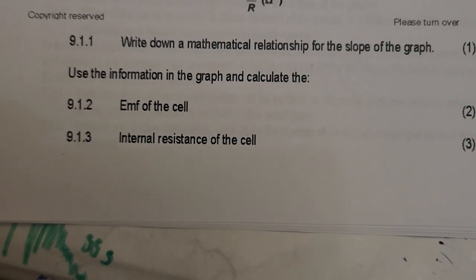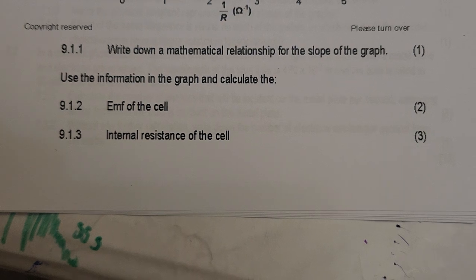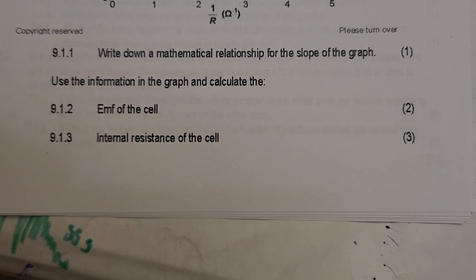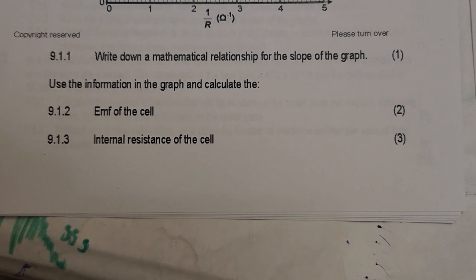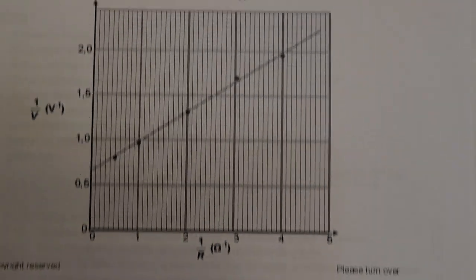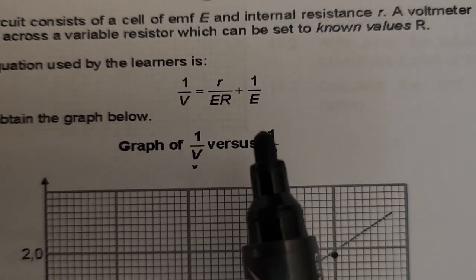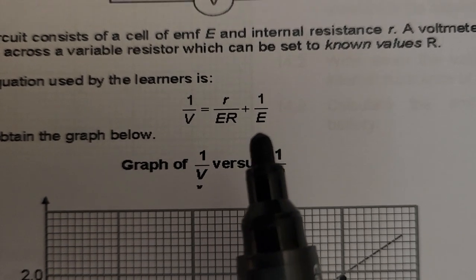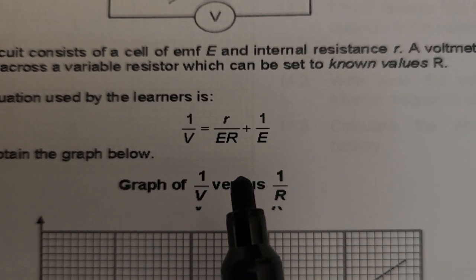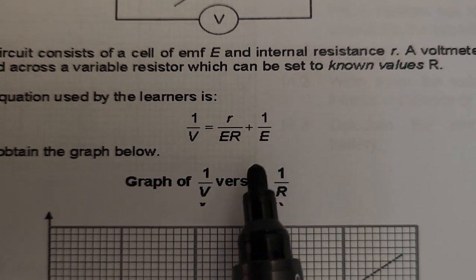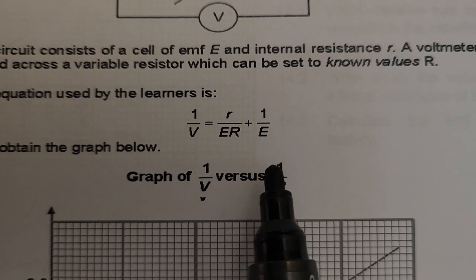9.1.2. Now they say to us, use the information in the graph and calculate the following: EMF of the cell. The EMF of the cell from the graph here. Look at this one. We are given the y-intercept, 1 over E, which can give us the EMF.